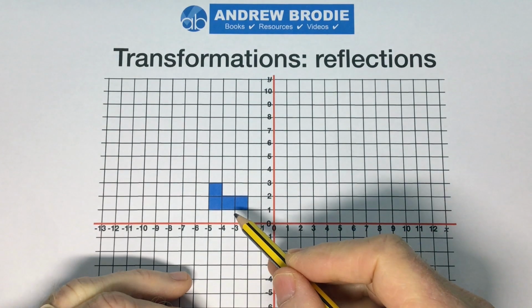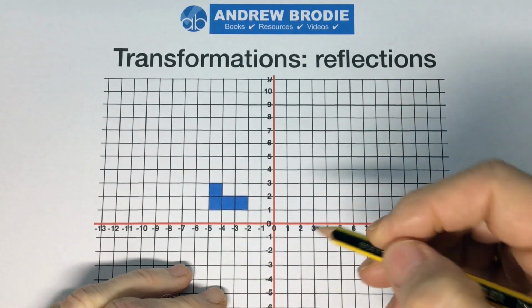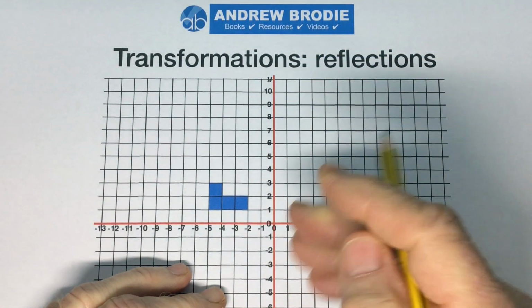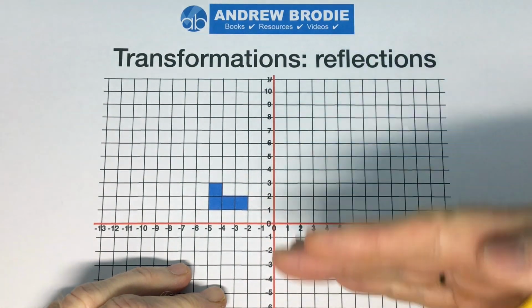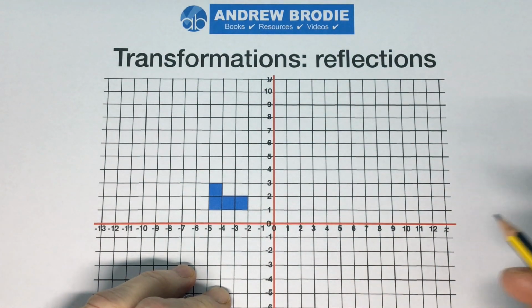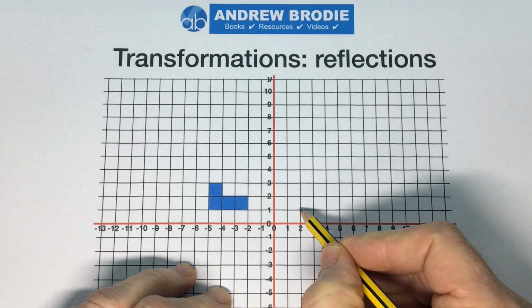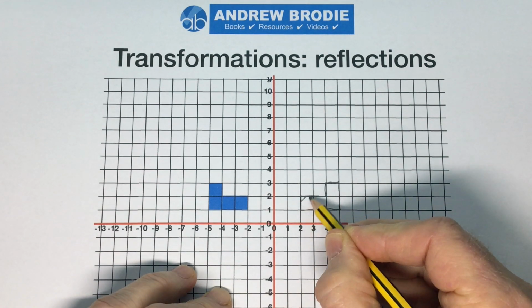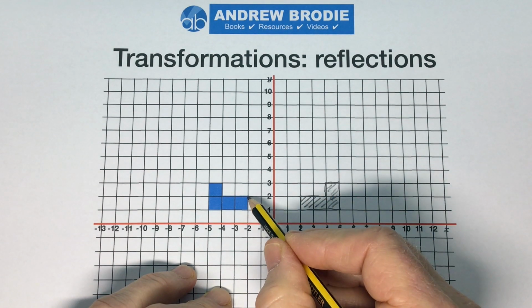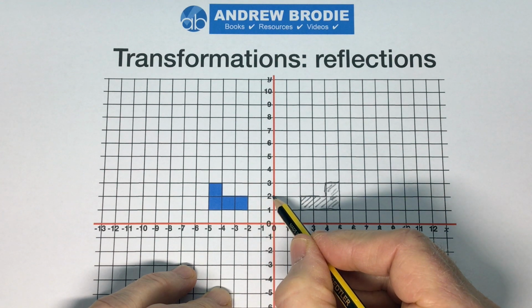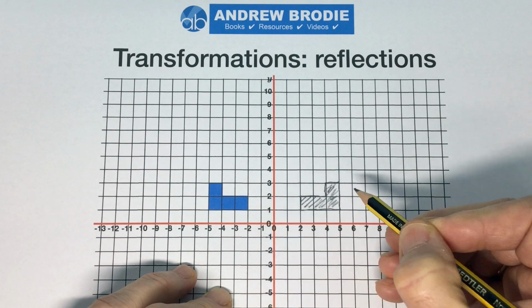Now I'm going to reflect this shape twice. I'm going to reflect it in the y-axis, and then we'll have the reflection. I'm going to reflect that in the x-axis. So let's have a look at that. First of all, in the y-axis, the reflection. And you can see that that point is 2 away, and that point is 2 away. That's a good reflection.